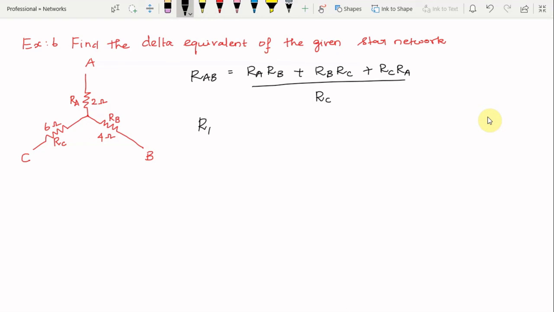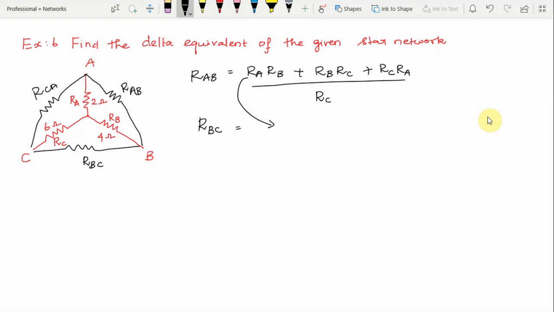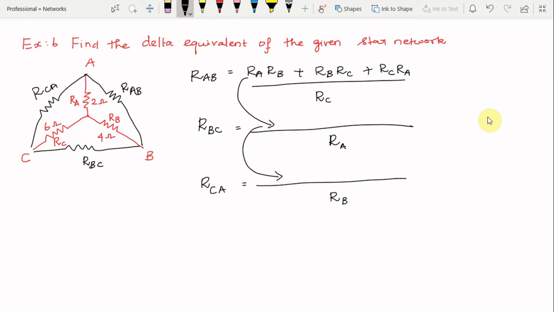If you want to find RBC, that is the resistor across these two terminals, it is the same numerator divided by RA. If you want RCA, then the same numerator divided by RB.